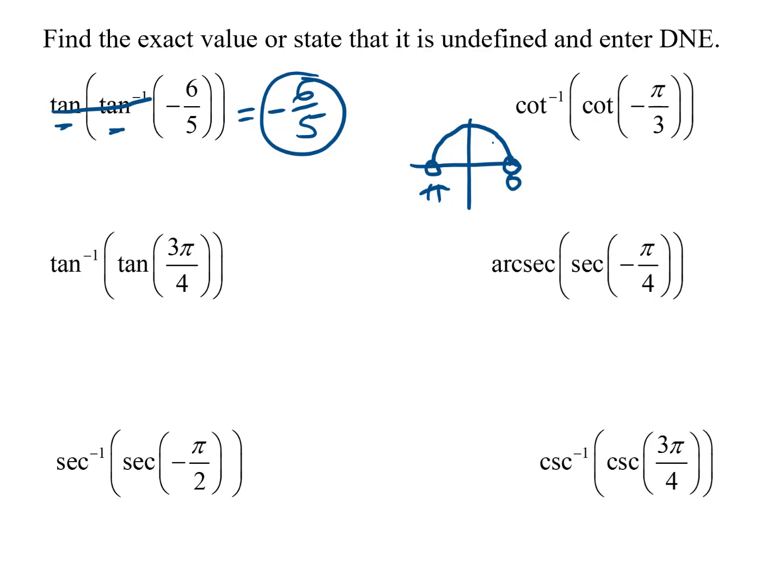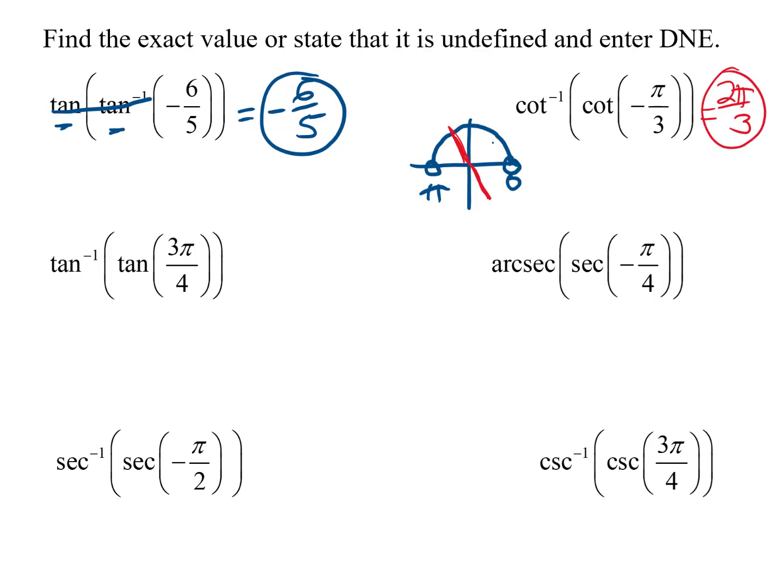Well, -π/3 is right here. That is outside of that range, and so they won't just cancel each other out. We will have to find an angle that has the same cotangent as -π/3 but is in our range between 0 and pi. So that would be up here where cotangent is also negative, and that looks like that's then 2π/3.